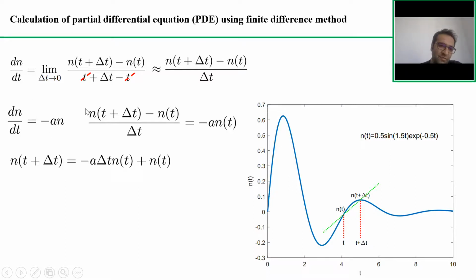And if I keep this value at the left part and gather all the other parts at the right hand, we will have here minus a delta t n(t), and if I bring this part to the right part, I will have plus n(t), and after simplification I will end with this simple equation: n(t plus delta t) is equal to n(t) multiplied by (1 minus a delta t).